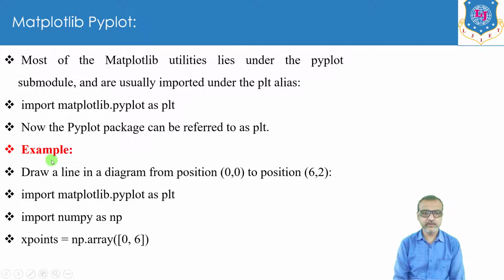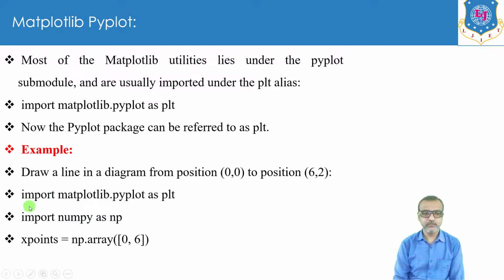Now we will see one example: draw a line in a diagram from position 0, 0 to position 6, 2. We have to draw a line passing through these 2 points. So we will write down the program for this.